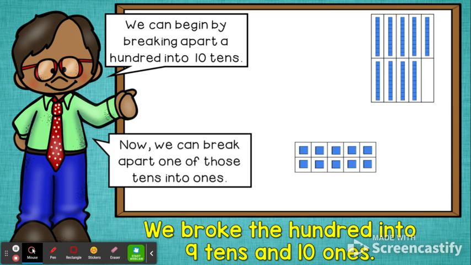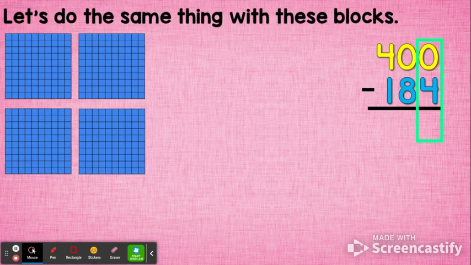We broke apart the 100 into 9 tens and 10 ones. Because if I just went backwards, I could put this apart to equal a 10, and that would fit here. Then I could put these together and make 100. So we took the 100, we broke it apart to make 10 tens. Then I took one of these tens, broke it apart, and turned it into 10 ones.